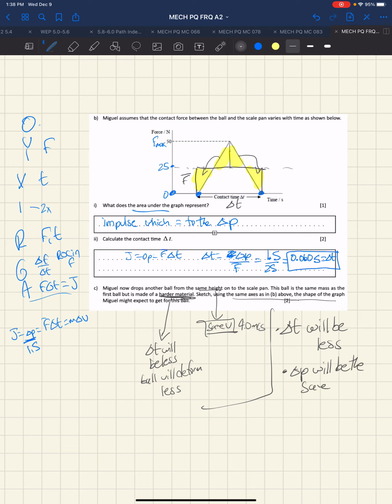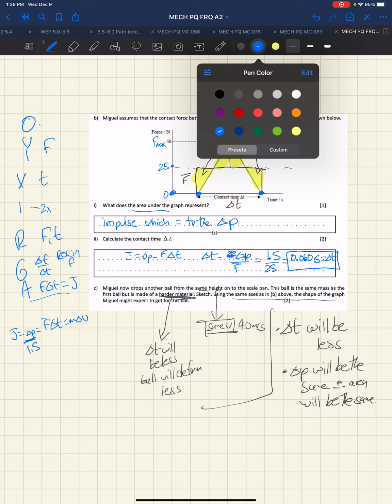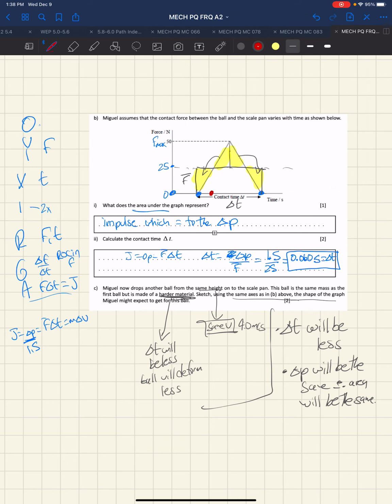And that means the area will be the same. So if we go and draw this up top, what we can see then is that delta t will be less. So let's say that's our delta t. To get the same area, then, we must have a taller triangle.